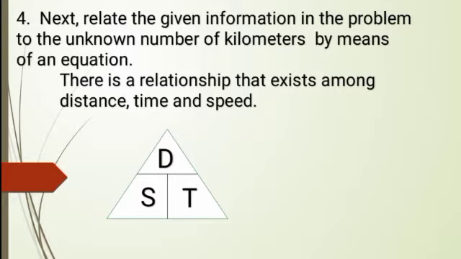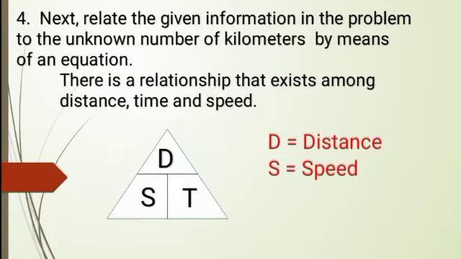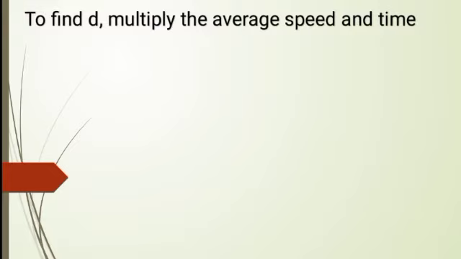So we have D over S and T, wherein D stands for distance, S for speed, and T for time. In order to calculate the speed, the distance, and the time, we have to follow the formula. So to find the distance, which stands for d, we multiply the average speed and time. So d is equal to speed, or s, times t.